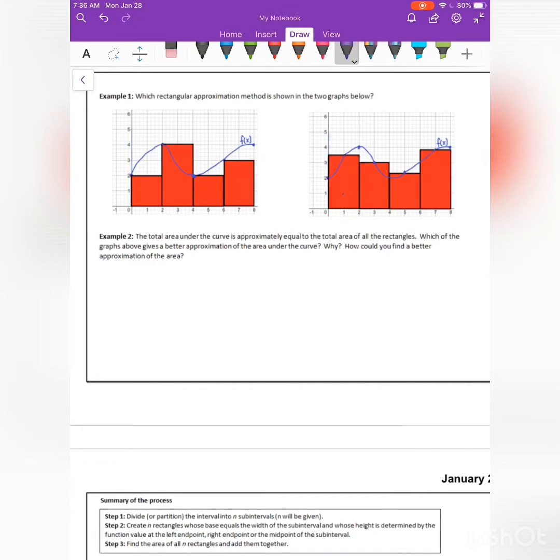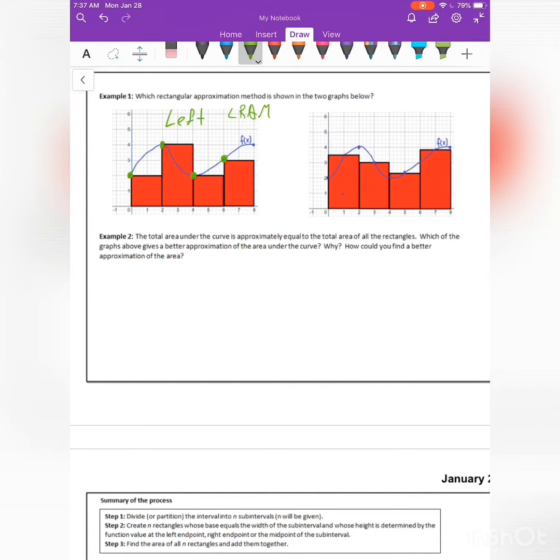Here, in this first graph, we have, looks like, 4 rectangles to try to approximate the area underneath this curve. And what you need to note is this is a left Riemann sum. So why is it left? Because the left corner of each one of these rectangles is on the actual curve.